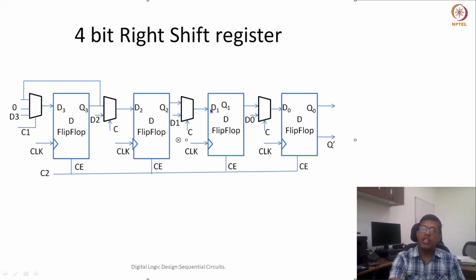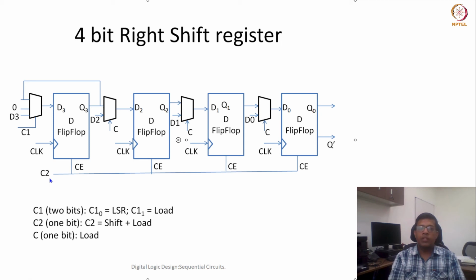So you see, D1 input could be either Q2 or it could be D1. Similarly for all other cases, all these multiplexers are controlled by control input C1. Now, all these chip enables or clock enables are controlled by my control signal C2.